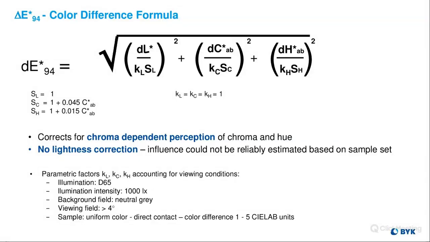In this case, your SL is always 1, but then you can see your SC and your SH will change based on your chroma for those two equations. The problem with this equation is there is no lightness correction, so everything is based on chroma and hue. It's important that you remember this if you're looking at colors with the delta E94 equation.